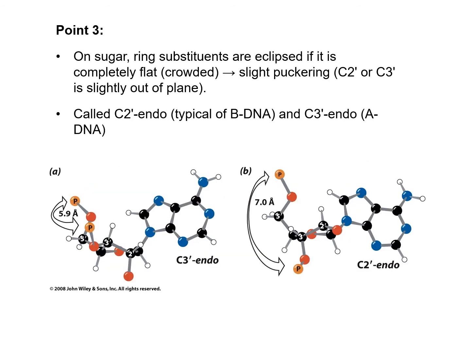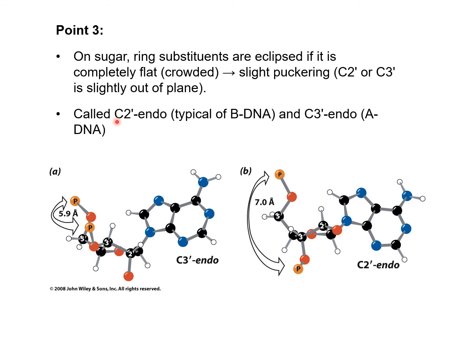And the third point is that when you look at the pentose sugar, the ring substituents are eclipsed if the sugar is completely flat, meaning that all these substituents are going to be too crowded and they're going to push each other or be in the way of other atoms. So that will cause some steric clashes. To avoid that, the sugar has a slight puckering, and there are two types called C2' and C3'. Basically, these 2' or 3' carbon atoms are pushed slightly out of the plane.